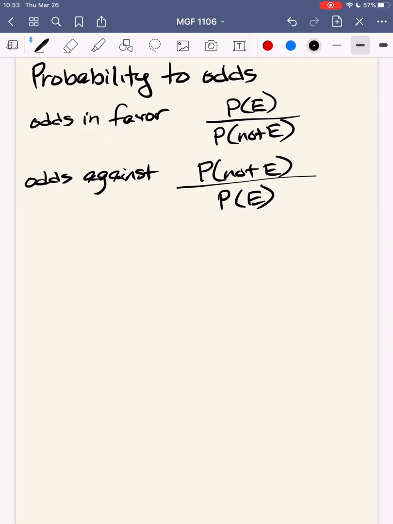Basically, one is the reciprocal of the other. Odds in favor have the event occurring on the top. Odds against have the probability of the event not occurring on the top. So it's just a fraction flipped over.